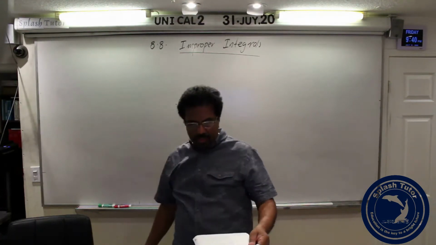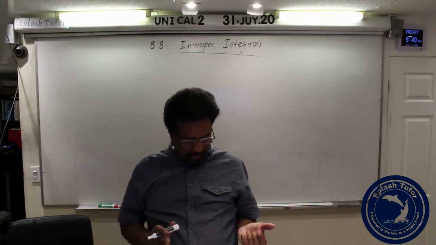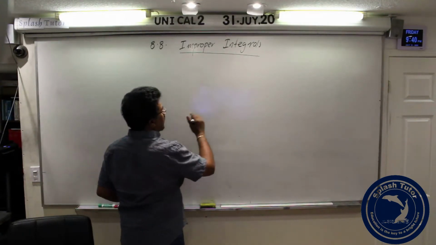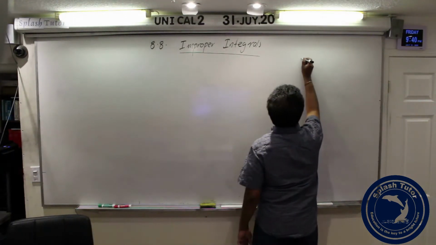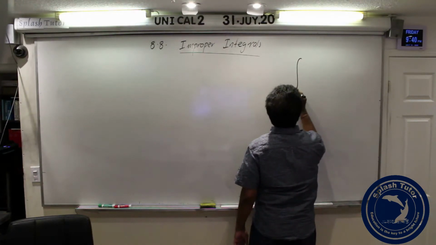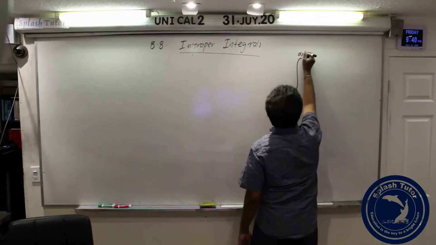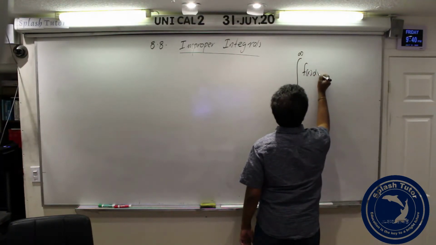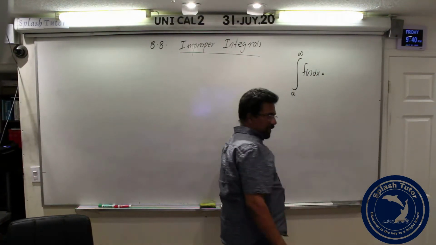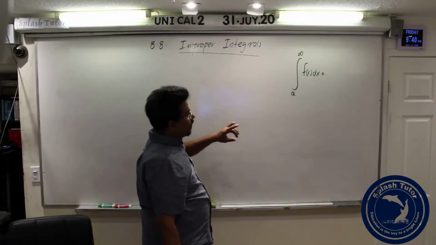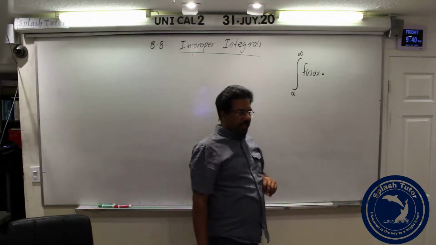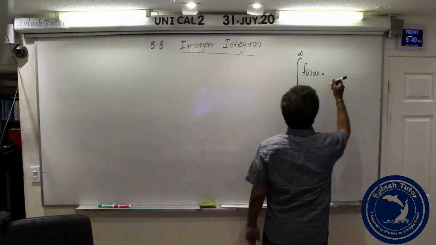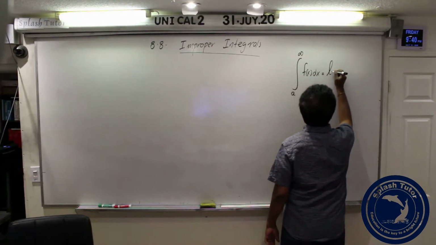So what does that mean is actually, let's say we have an integral of, for example, the integral from a to infinity of f(x) dx. Now this we call an improper integral, right? That starts from infinity. If it's infinity there, we call it an improper integral. That we can write as a limit.